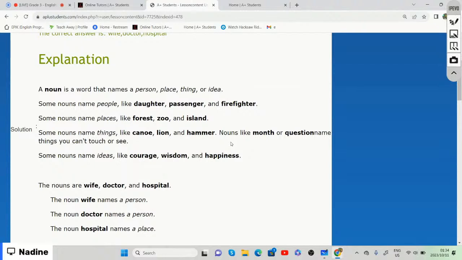And then we have nouns that name ideas. For example, like courage or wisdom, happiness, right? Those are all nouns that either name a person or people, places, things, or even ideas.